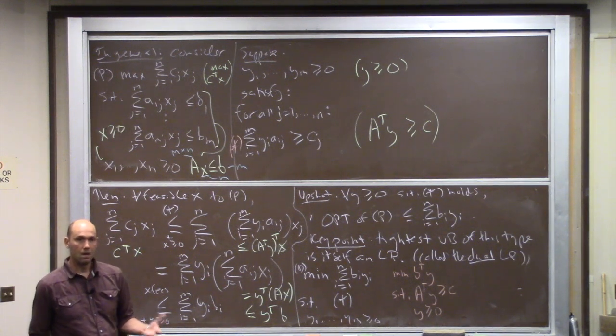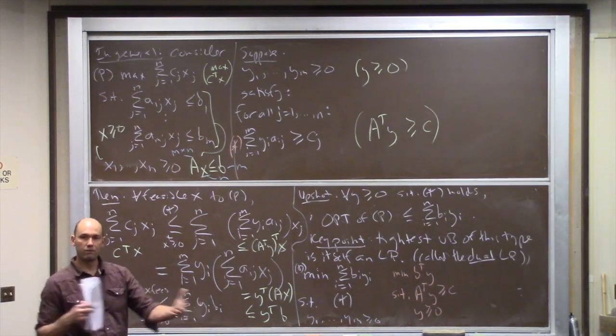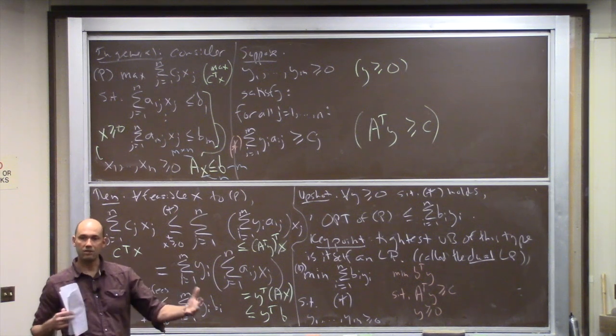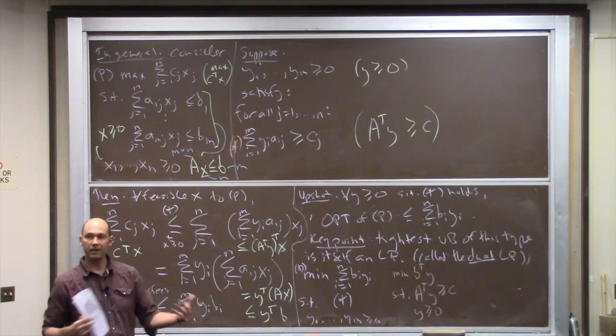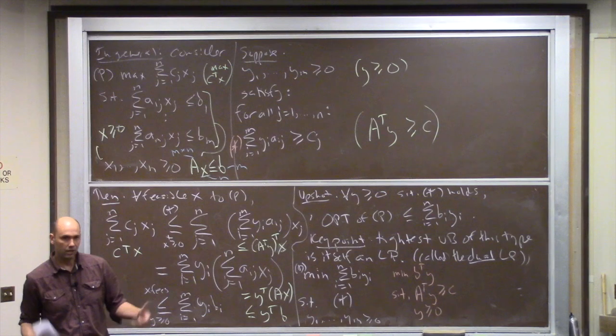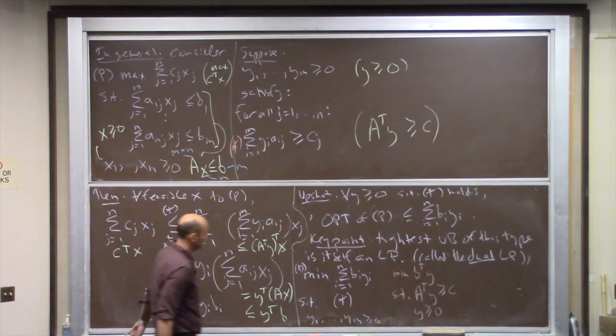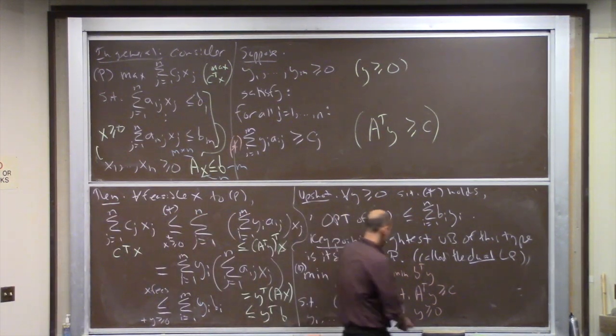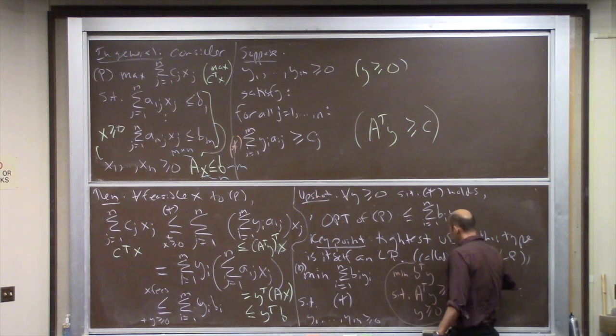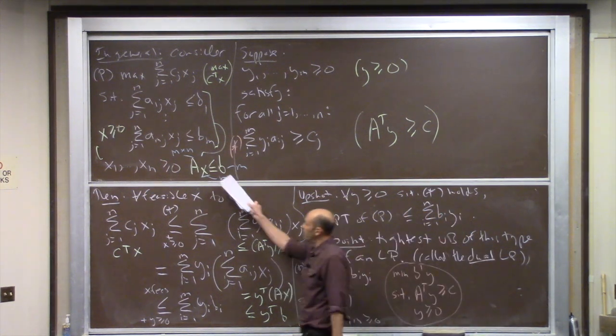Okay? So constraints and variables have reversed roles. The right-hand side has become the objective and vice versa. And the constraint matrix gets transposed. Okay? So this is the dual LP of a linear program of this form.